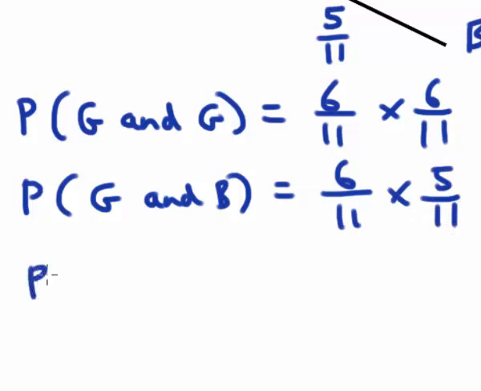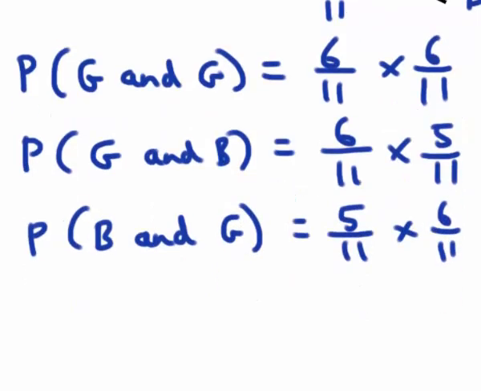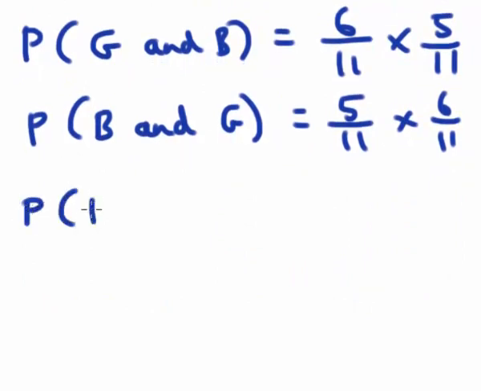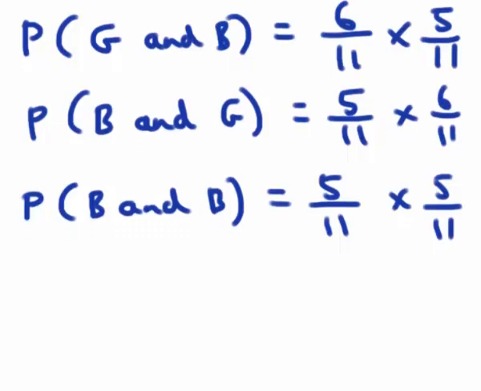Okay, what's the probability of getting a blue followed by a green? Okay, well, the blues are 5/11 and the greens are 6/11. So there we've got that one. And then what is the probability of getting 2 blues? A blue followed by a blue would be 5/11 multiplied by 5/11. You see, this is the rule of independent events.